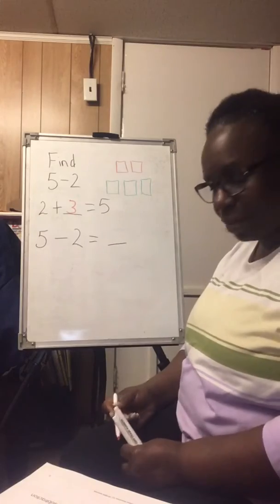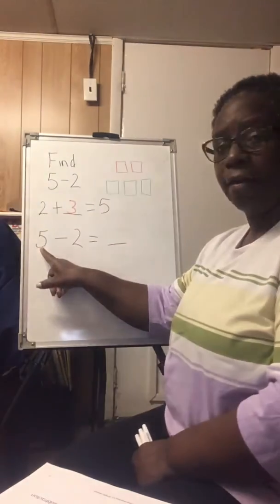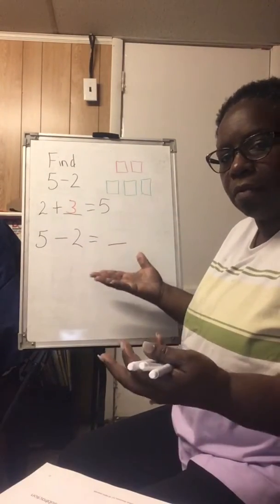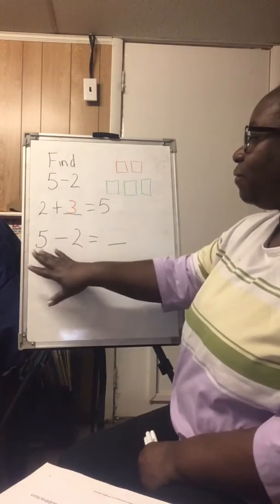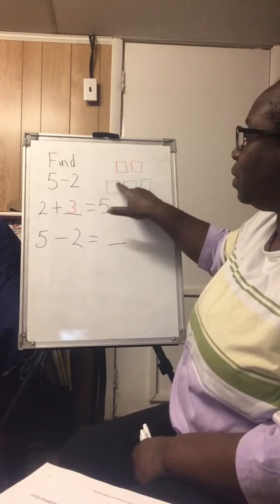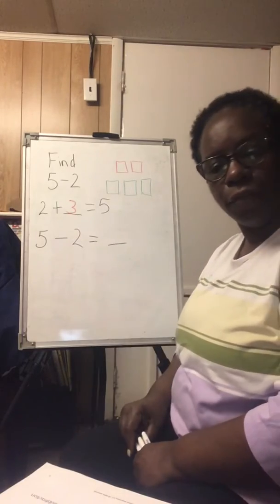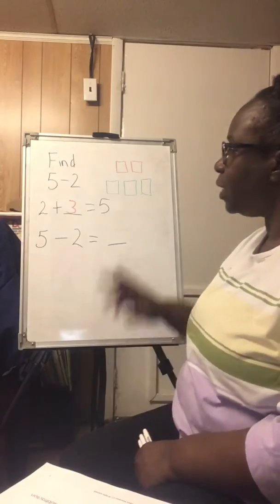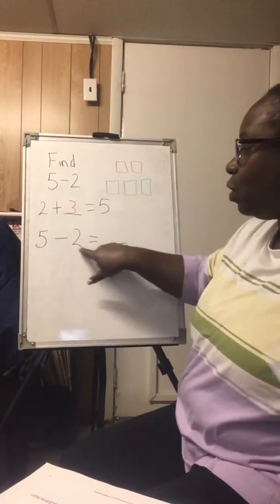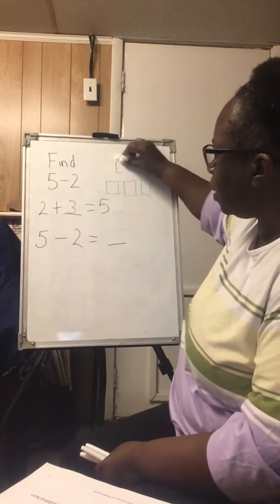Good job. Now let's work out the subtraction problem. You have 5 minus 2 equals what? I don't know. Let's figure it out. So you have 5 blocks in all, and that's what we have. 1, 2, 3, 4, 5 blocks. Then we want to take off 2 of those blocks. Since we have red blocks and green blocks, and we want to take 2 away from the 5 that we have, let's take off our 2 red blocks.